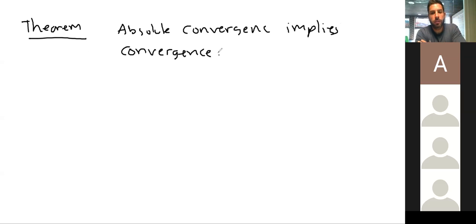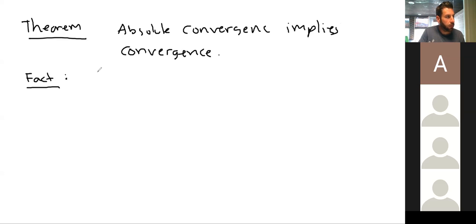And basically what this means is everything we've studied before today about alternating series, you could all call that absolute convergence because those terms are all positive. And so let's write that down.